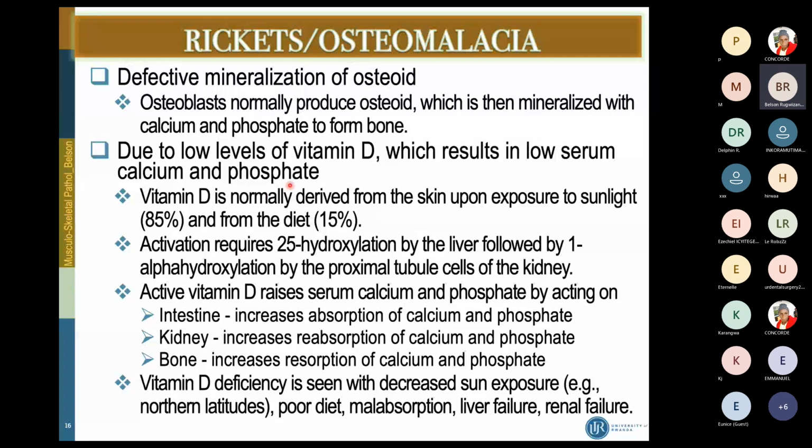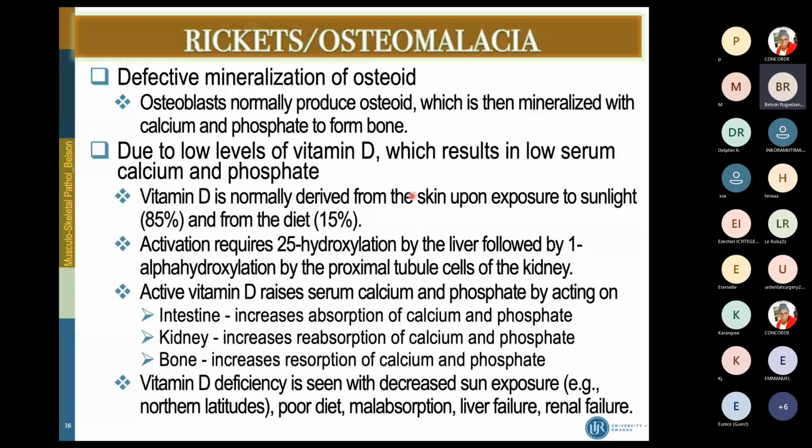And then, you know that vitamin D is normally derived from the skin upon exposure to sun, right? We have cholesterol under the skin, which, when exposed to ultraviolet light, will give rise to the precursor of vitamin D. So most of our vitamin D is derived from that cholesterol in the skin.